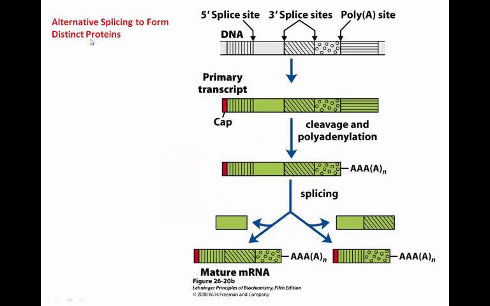Alternate splicing to form distinct proteins. So it's not unusual that our DNA sequence has multiple splice sites. So here's the poly-A site. Here's a 3' site here, there's a 3' site here, and this whole sequence is actually a coding sequence. It's not an intervening sequence. This is an intervening sequence.